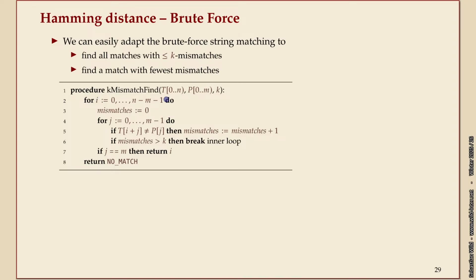So I go through all the starting positions in the text and all the characters in the pattern. If the appropriate characters don't match, I count that mismatch. If I reach my threshold before I'm done, I don't continue. Whereas if I leave the loop without having seen too many mismatches, then that was an inexact match, and I'm returning this one. Instead of stopping here, you could collect them all and keep going and return all of them. For the brute force algorithm, the running time is the same.